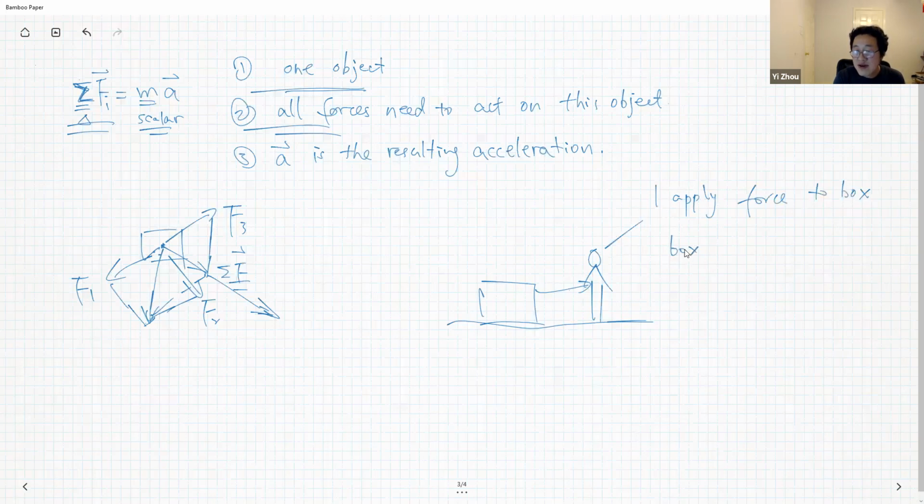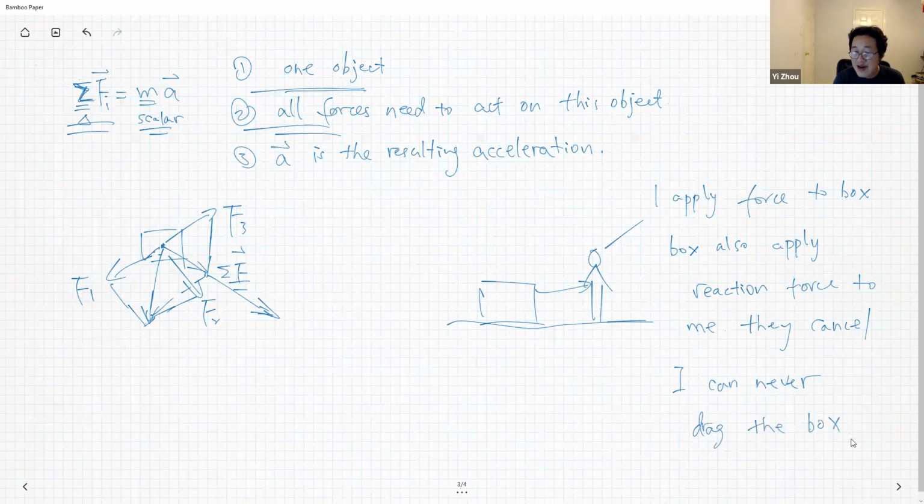The box also applies a reaction force to me, right? So they cancel. I can never drag the box. So what is the problem in this statement? Anyone?